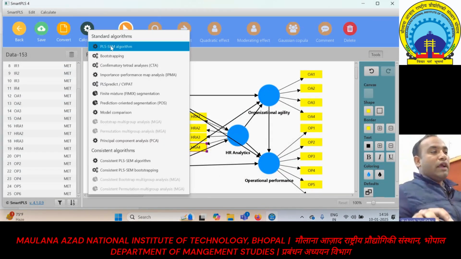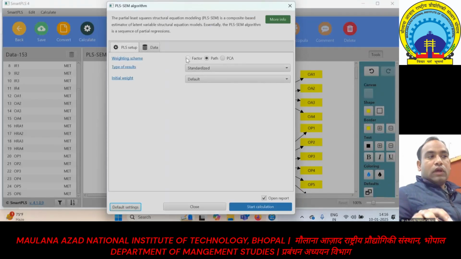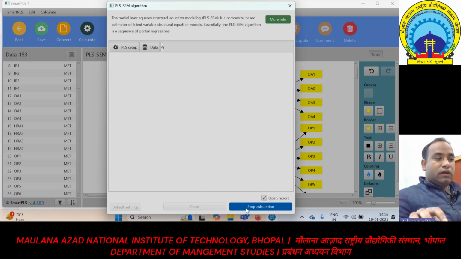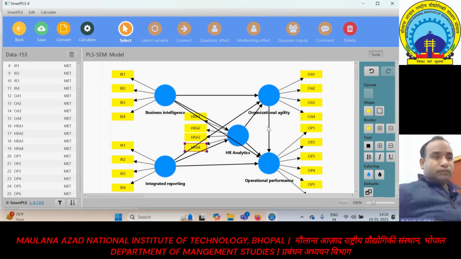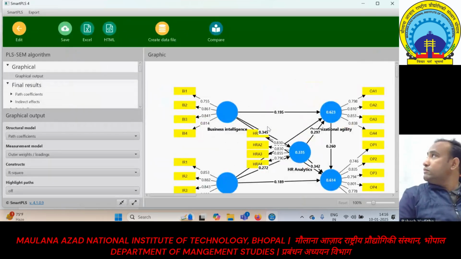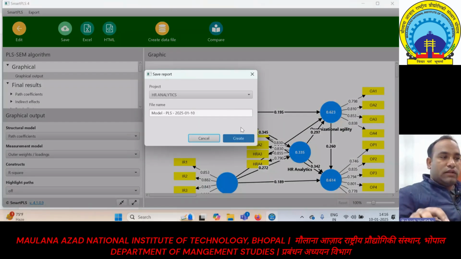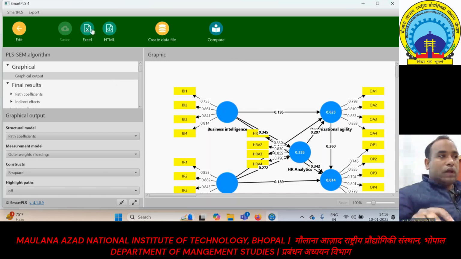Click on calculate and go to PLS algorithm. And here test the factor. Click on factor and start calculating that one. Here you need to save this document, that data, and import that to Excel.